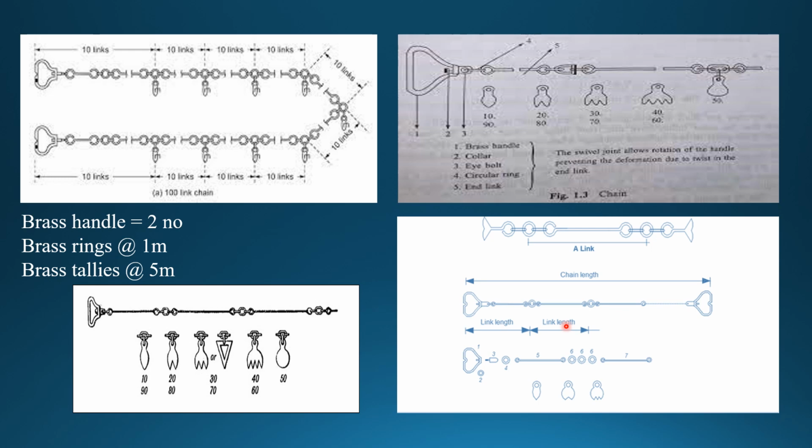But in the case of a chain, there is no such measuring scale, so we need to measure a distance with the help of tallies and rings. For measuring the smallest distance, we use the link length. That smallest distance is here a link.